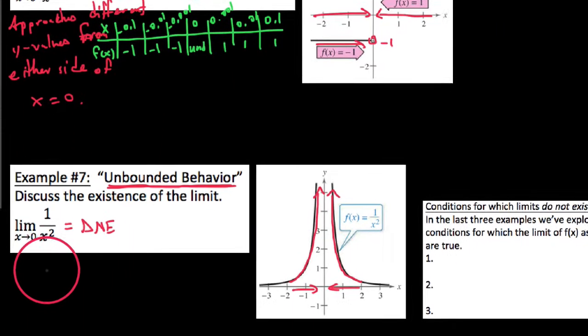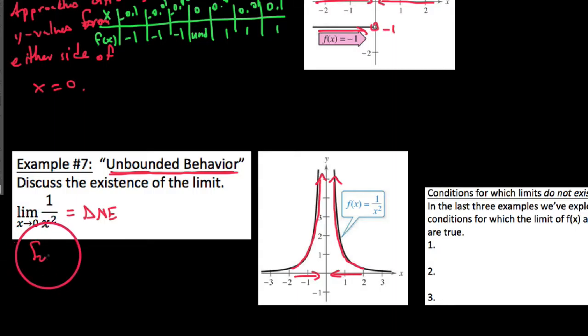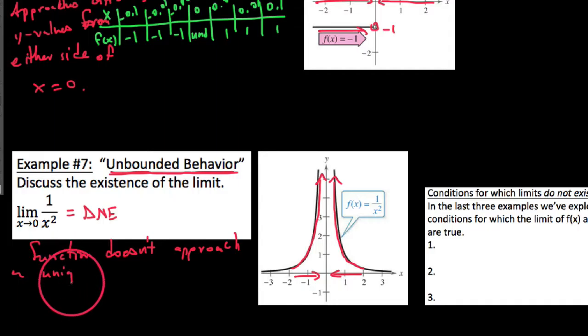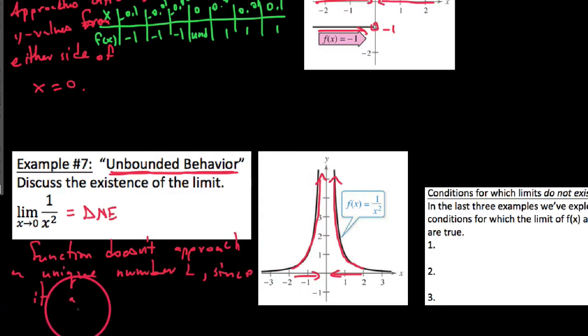In this case here, we're going to say that our function doesn't approach a unique number L, since it approaches infinity. So it has to approach a single y value there, and it cannot just diverge to infinity or negative infinity.